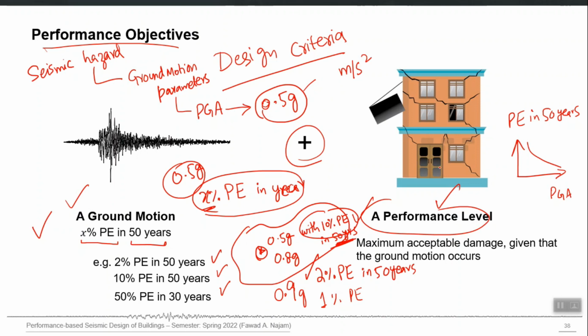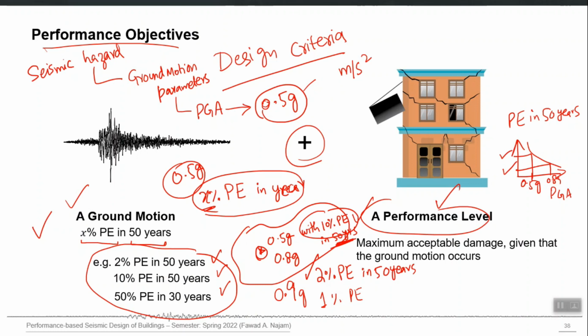So, now as a designer I have a choice that I design on 0.5 G PGA with a higher probability of exceedance, or I design on a higher PGA, maybe 0.8 G, with a lower probability of exceedance, right. So, these three examples at the bottom which I am encircling now are three different ground motion levels, three different earthquake levels. So, now which level should be used for design? Next question is this one.